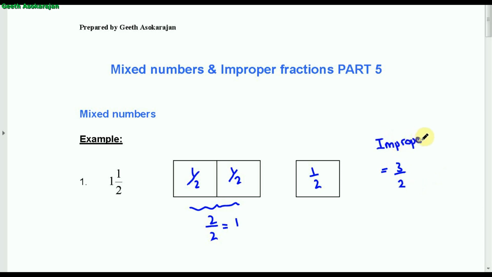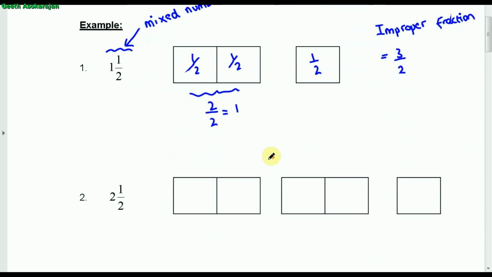Improper fraction, and on the left we have this, and that is written as a mixed number or mixed fraction. Okay, let's see another example.